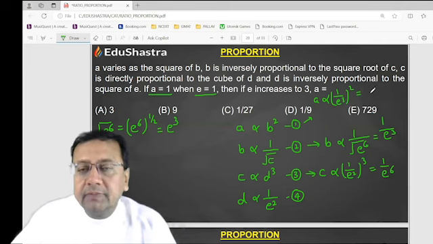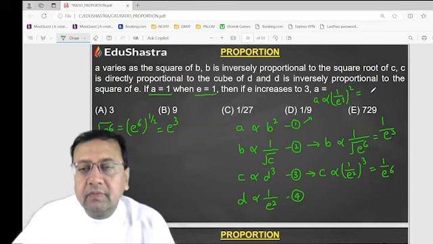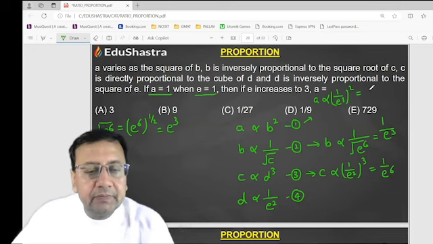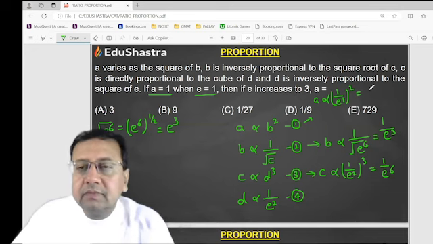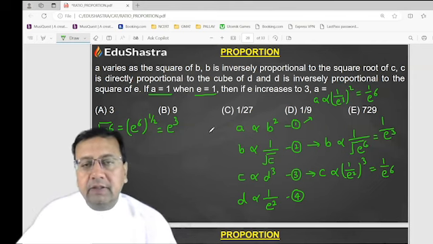What is the value of A in this expression? Yeah. So 1 upon e power 6. Yes. 1 upon e power 6.